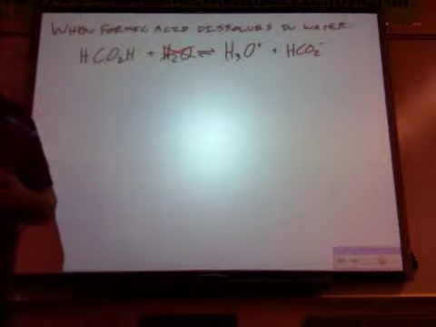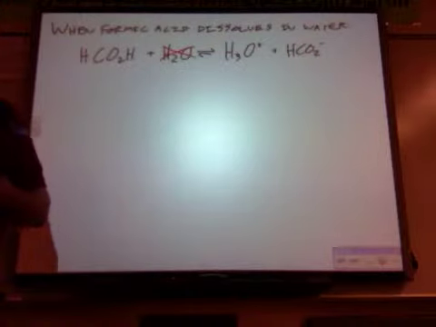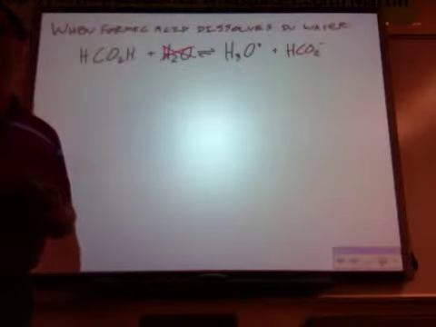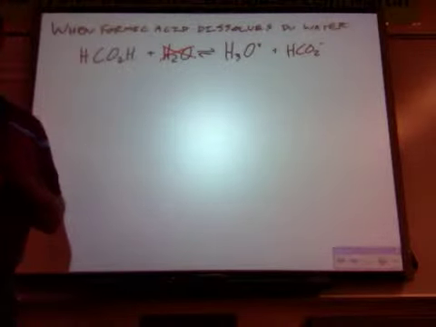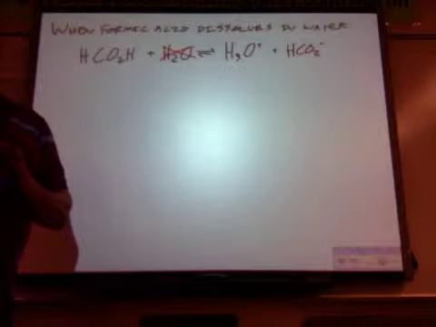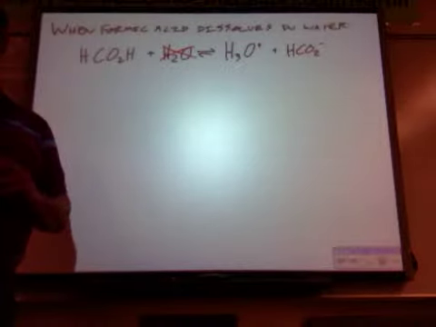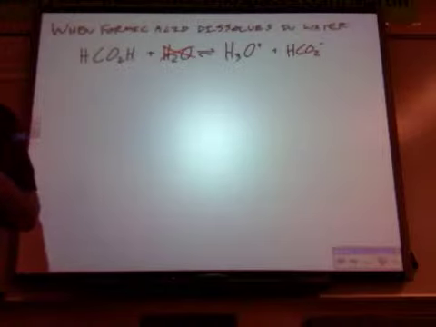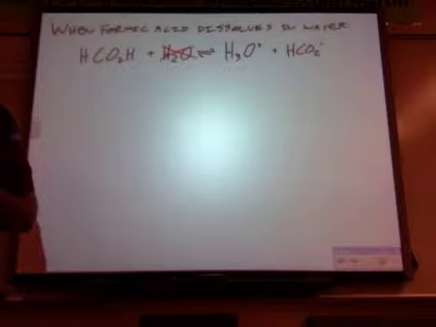What do we know about weak acids as far as the extent of dissociation? What are you thinking? They don't dissociate all the way. Incomplete dissociation. Usually for weak acids, what we think of is probably 1% dissociation or less.